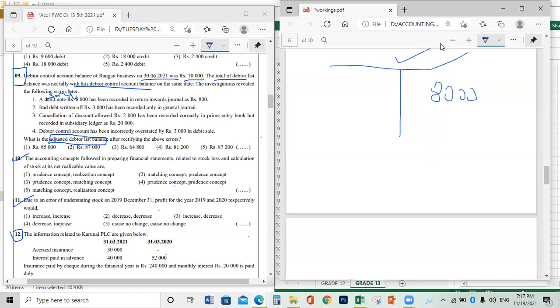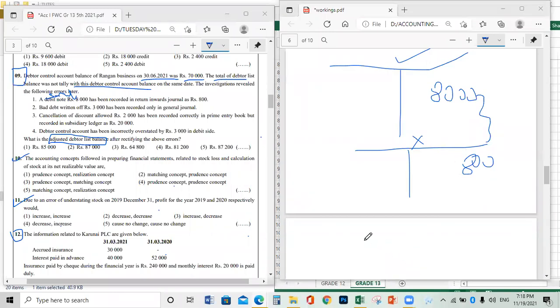This is the correct thing to do. But you went and recorded 800. You have understated your debtor control by 7,200. Which side have you understated by 7,200?